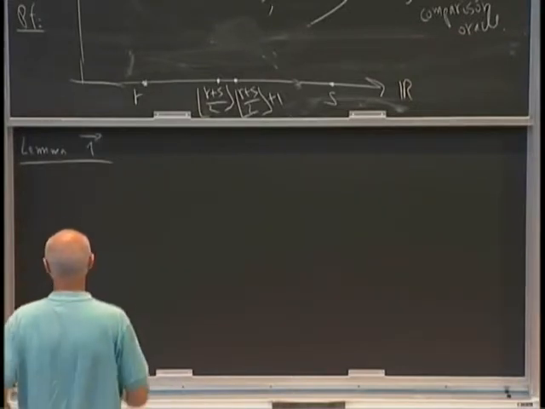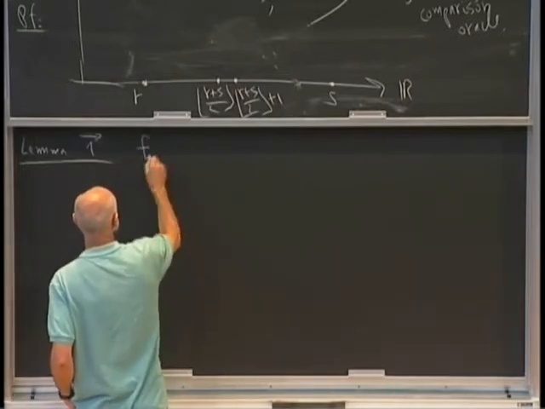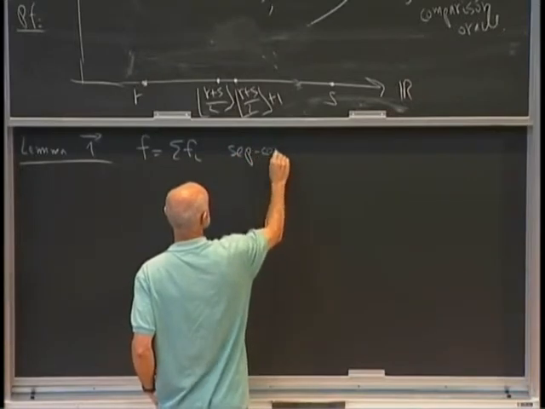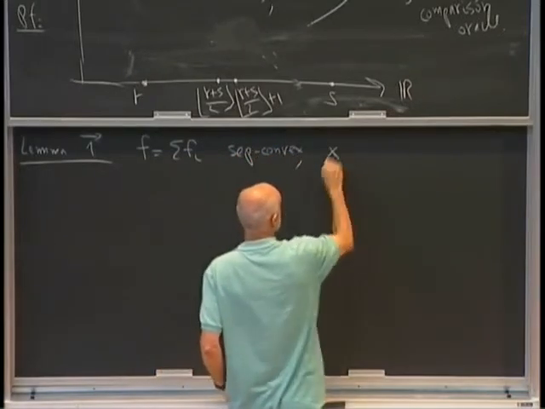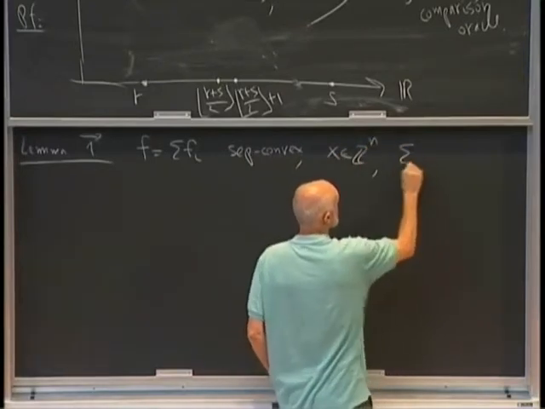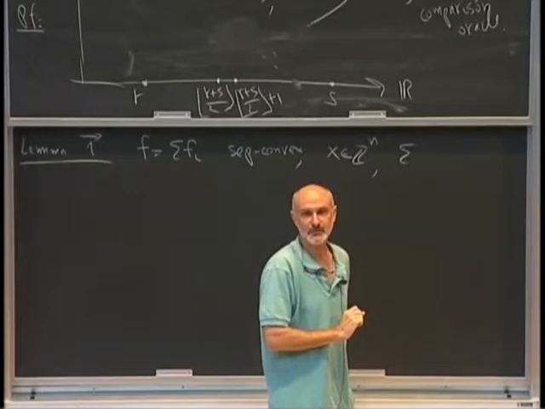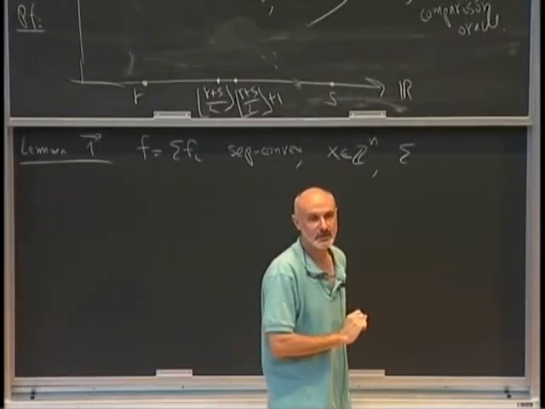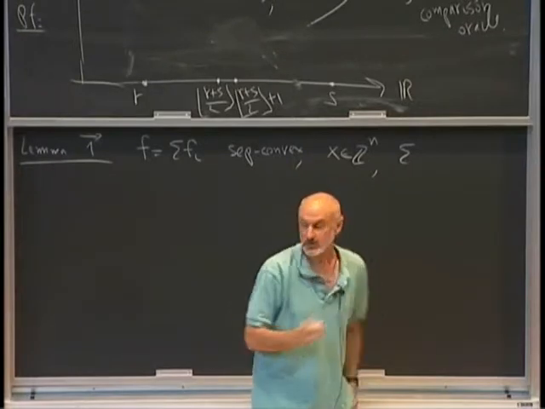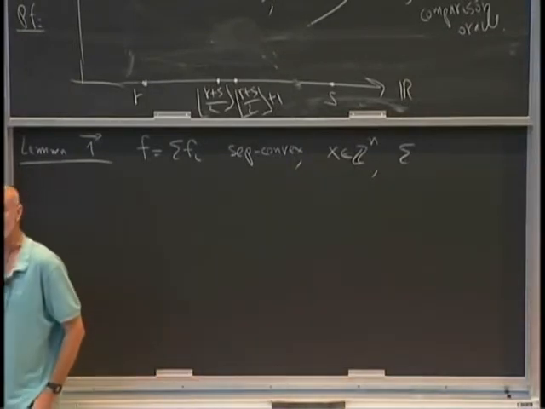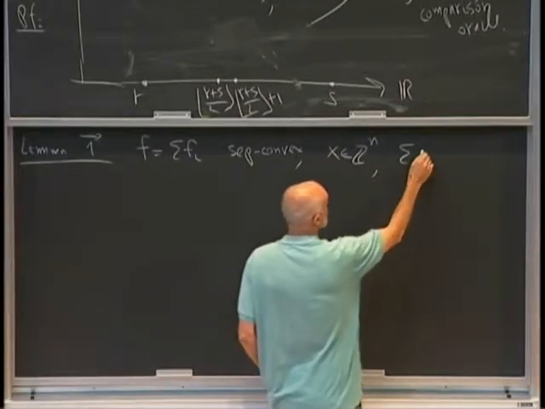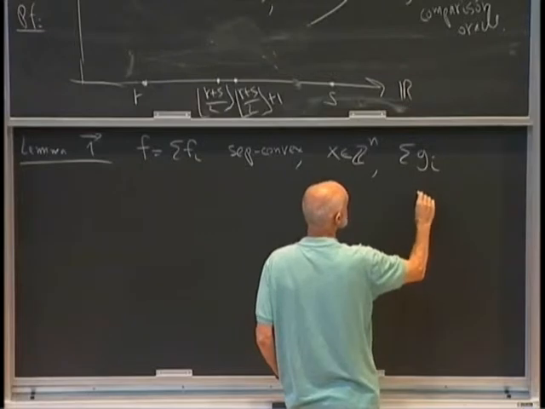It says the following now: again, F is now separable convex. Now, x is some integer vector. Can you guess what the sum is going to be now, from last lecture? Here I wanted them to have the same sign. So what kind of sums have a conformal sum?